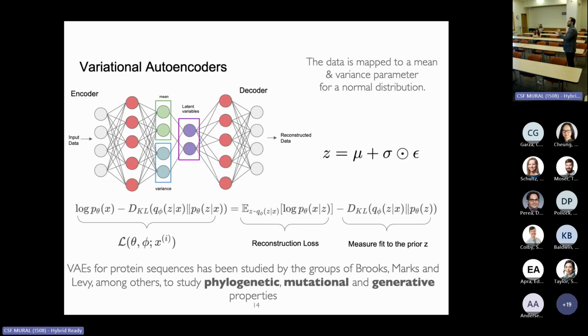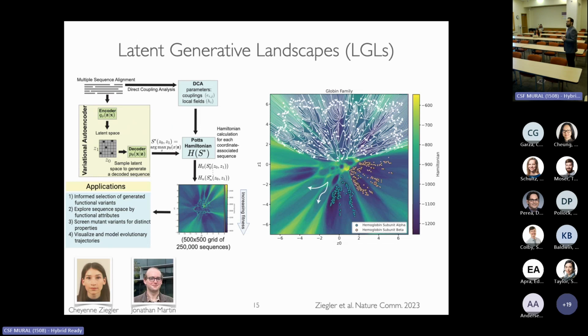You reduce dimensionality and then you say something about your input data. What we wanted to do was take advantage of one important property of this method, which is that it is generative. It means that you can encode your input data, but then you can also generate new samples of your input data that are not necessarily in the input set, right?